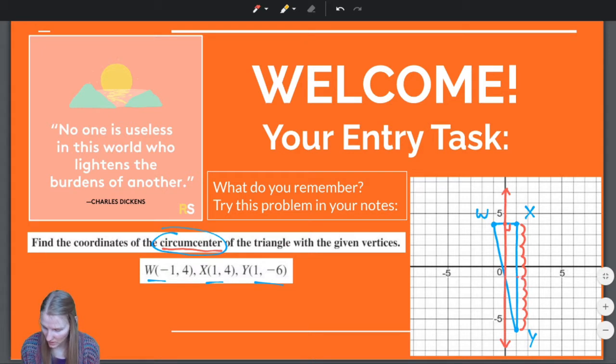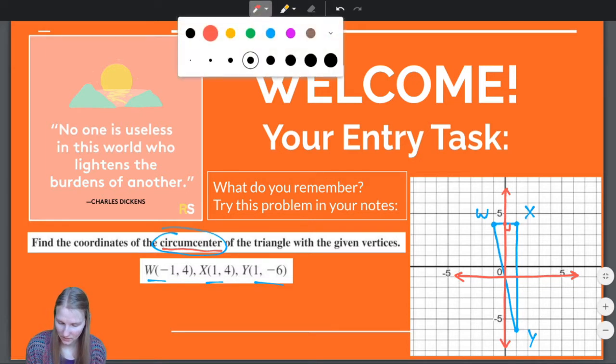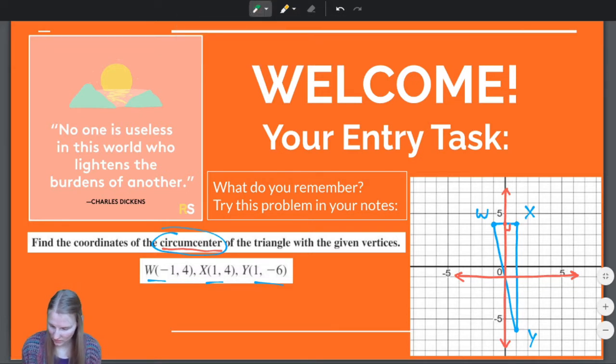Okay, so I'm going to draw a horizontal line at the midpoint of this side. And where do they meet? Actually, let's get green. It looks like they meet right here at 0. This point is 0, -1.